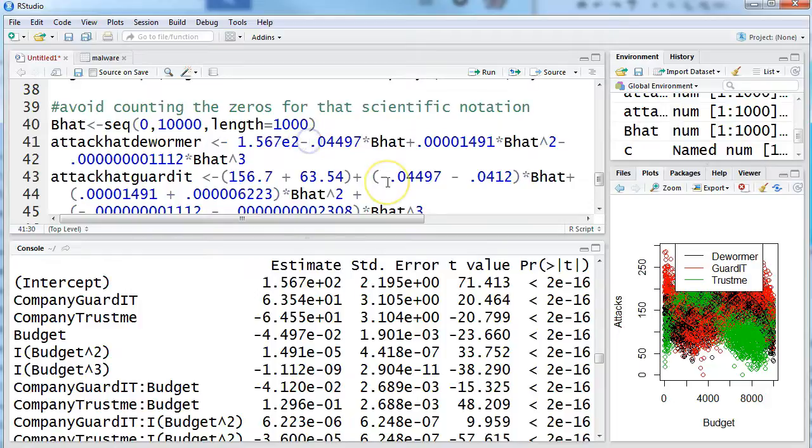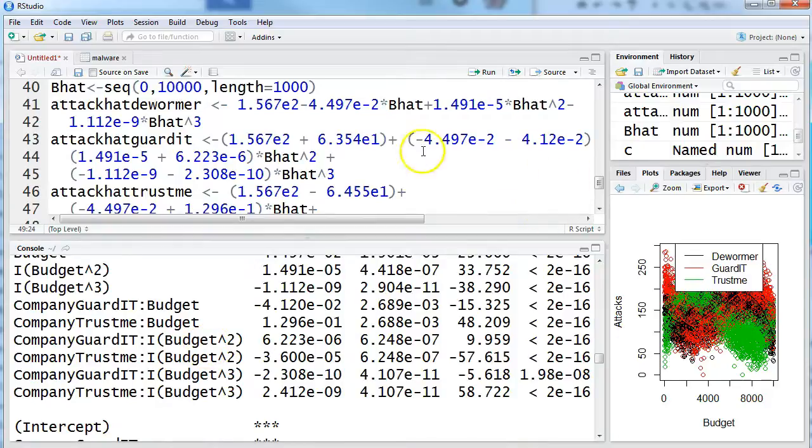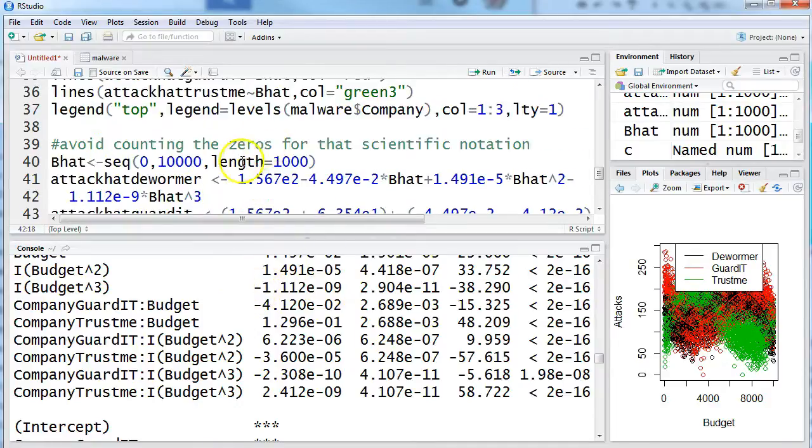And so this was a minus 4.497 e to the negative 2, and the other, and I don't know that this necessarily makes it shorter, but at least the number that you see here is going to be the number that you see. Budget cubed is the number that you're going to see here. So that way you don't have to try to count the zeros. R is smart enough that it can understand the very same notation that it's giving you.